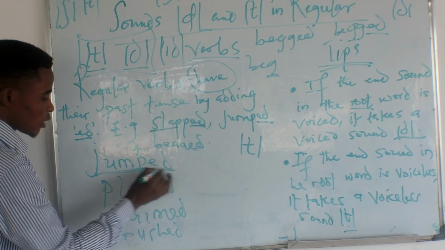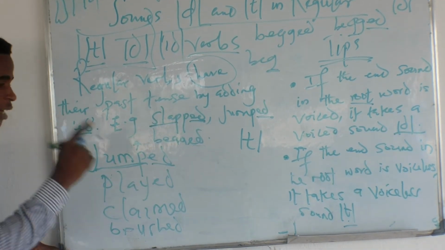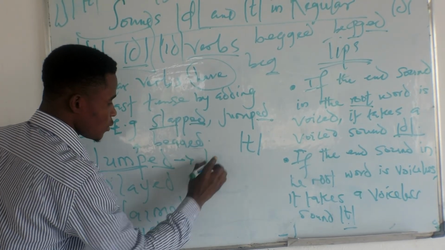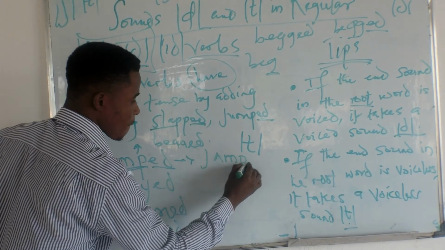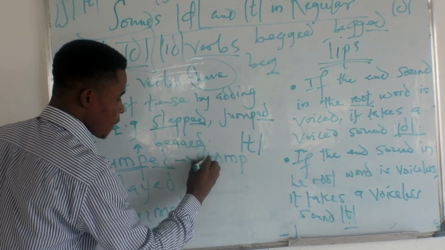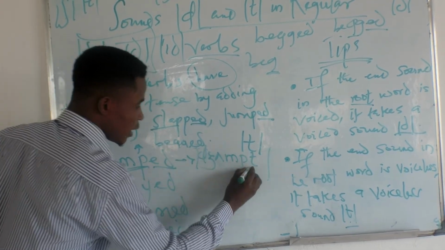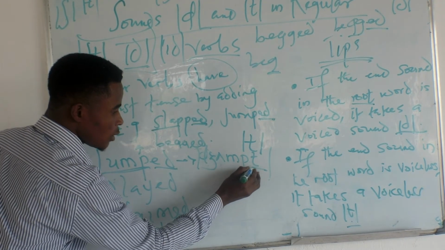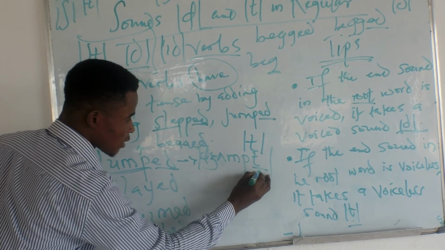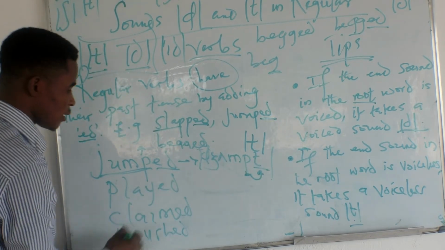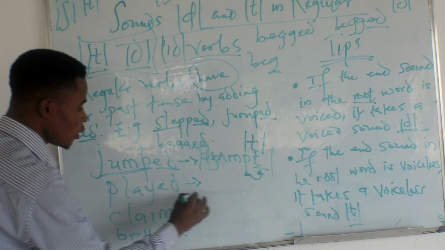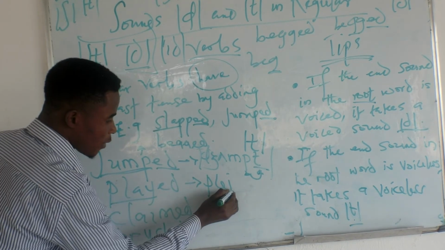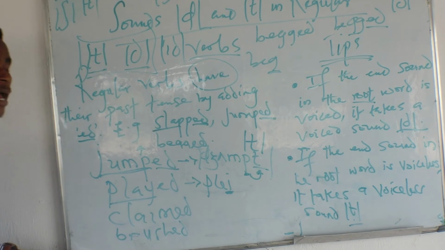So it will attract a sound which is as well voiceless, such that if I transcribe it, I have jumped, and the end sound is t. Because in the root word we have a voiceless sound, it attracts a voiceless sound. Let's look at the second one. If I transcribe the root word play, I have a diphthong.